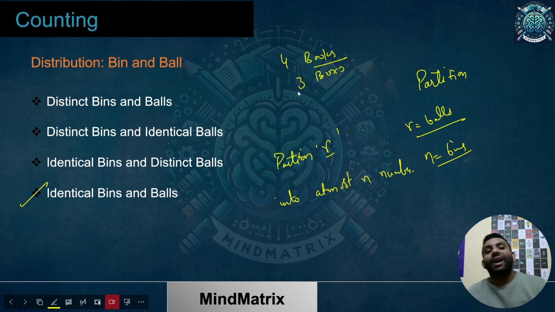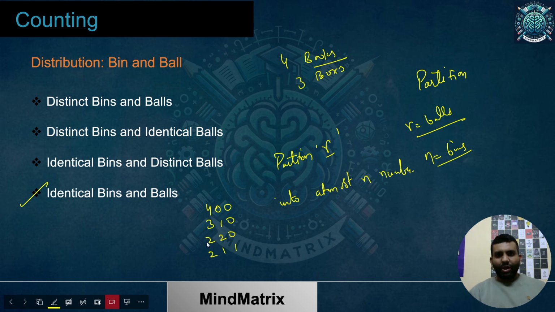So what would be the answer for that over here when the bins and balls are all the same? What I wrote was 400, 310, 220, 211. This was the case. I won't be talking about the combination of books over here because the books are also the same.